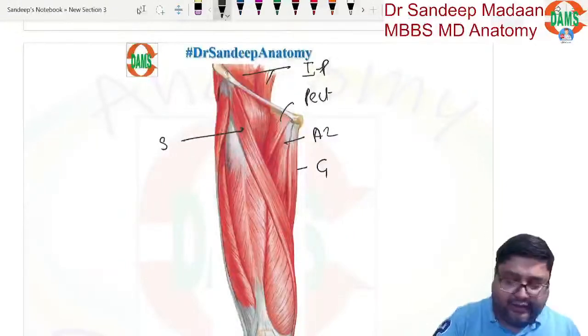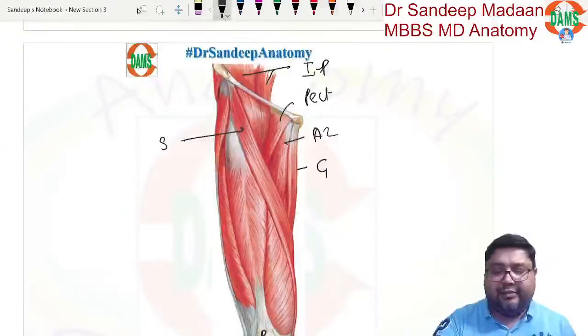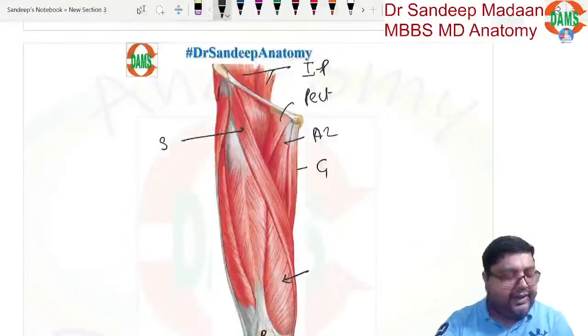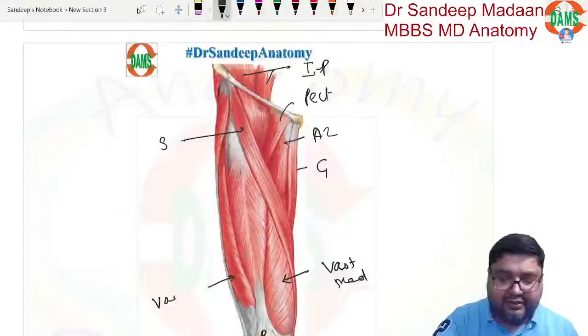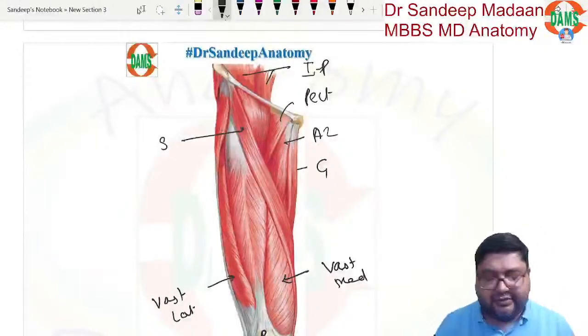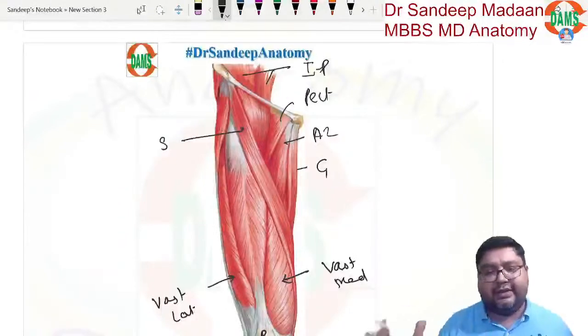If this is the patella, just above and medial to the patella, what is this muscle? This will be vastus medialis. Just above and lateral, what will be this muscle? Vastus lateralis.